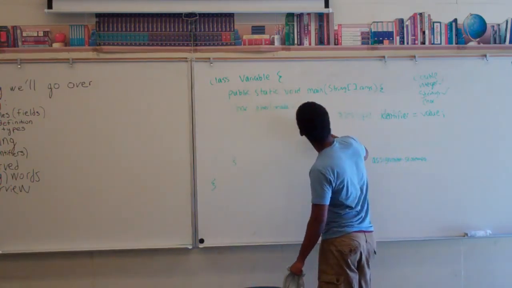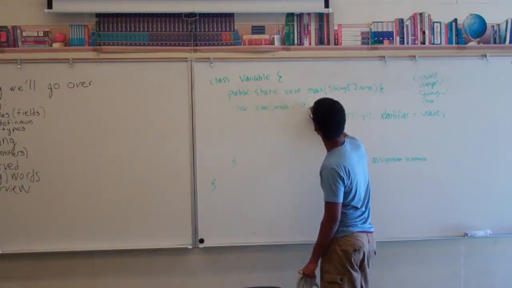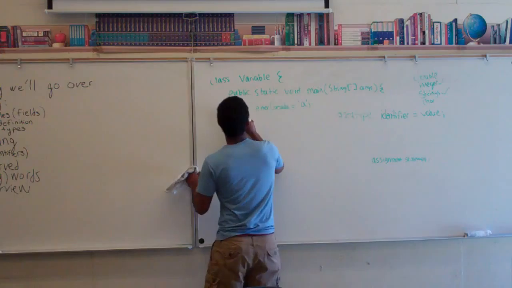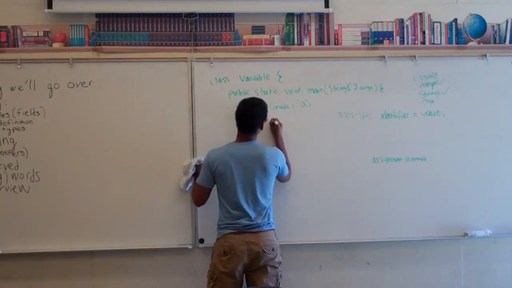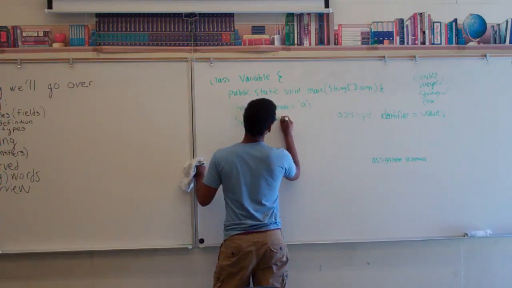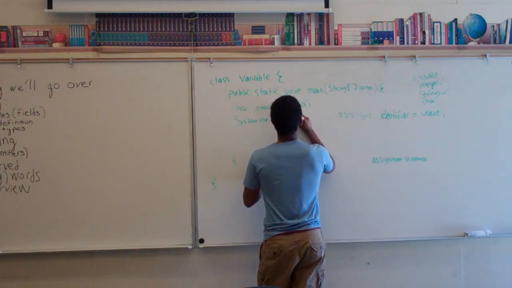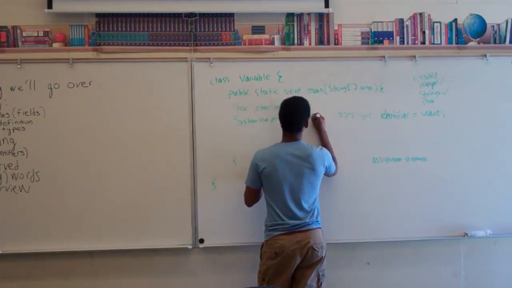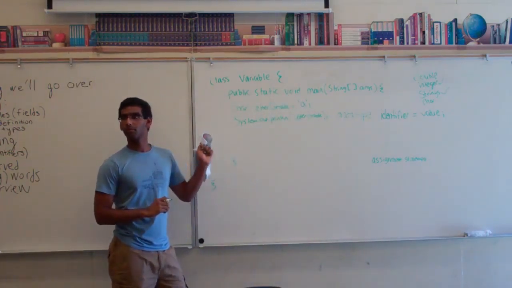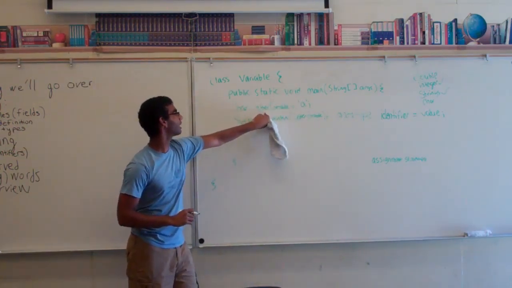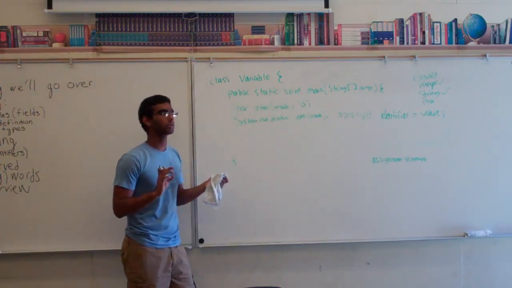So this would be single quotes, and then you put something like A. And now if we did something like System.out.println letterGrade, this would print out A, right? The value of letterGrade is just a single character. So you can just think of it as a single string.